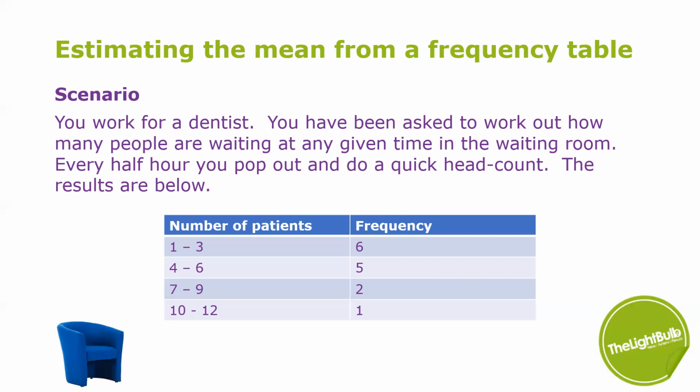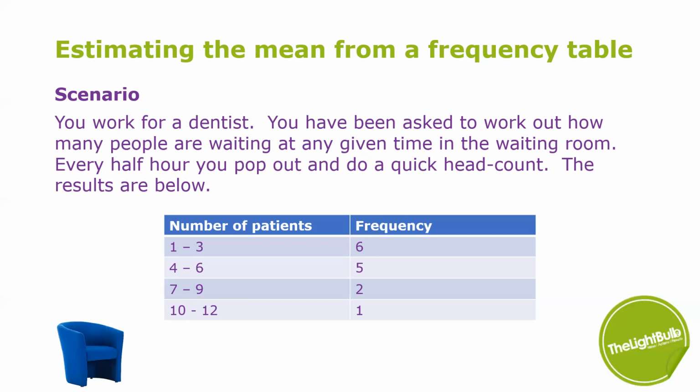Does that mean that on 6 occasions I saw 1 person in the waiting room? Or does that mean on 6 occasions I saw 3 people? Because that would give me very different ideas of how busy the waiting room was. Was there overall 6 people, or was there all 18 people? I don't know. So the best we can do is estimate.